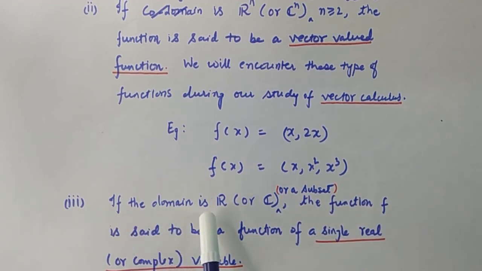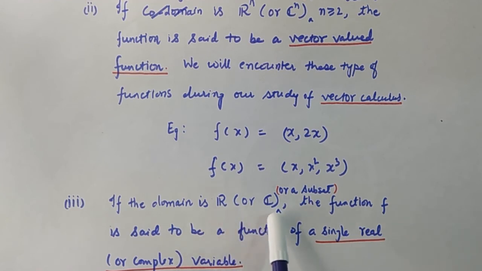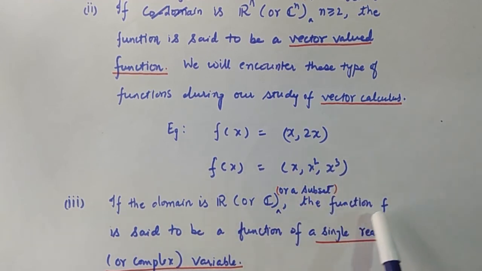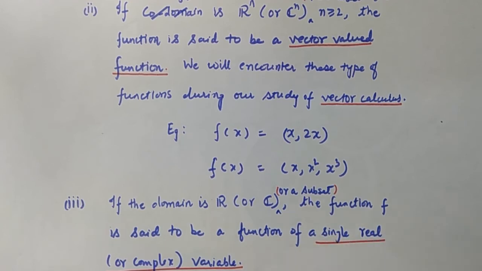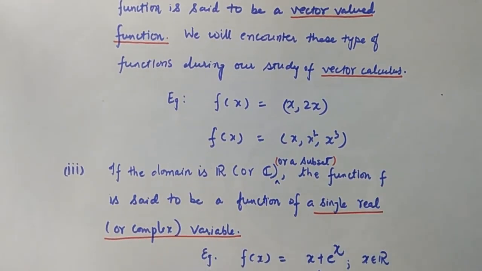If the domain of the function is R or C or a subset of it, the function f is said to be a function of a single real or complex variable.